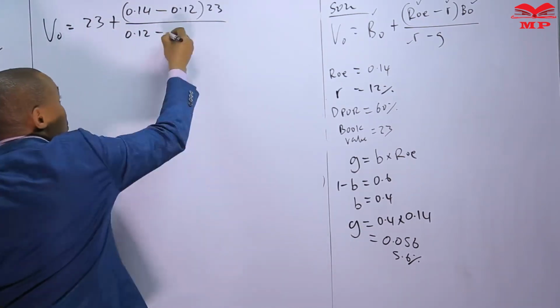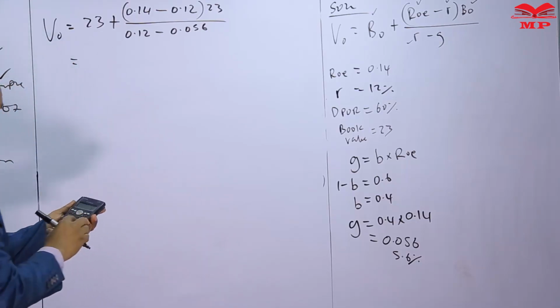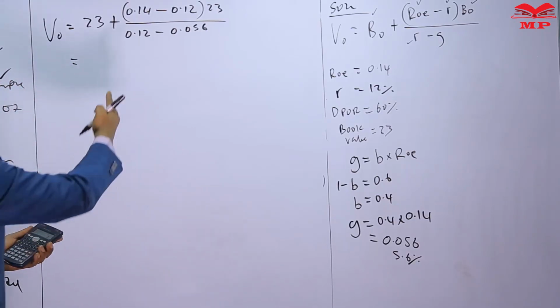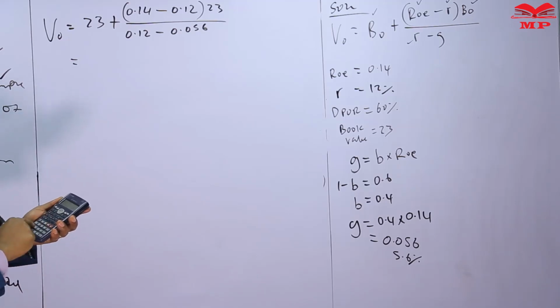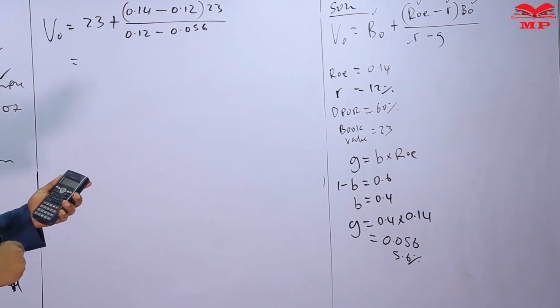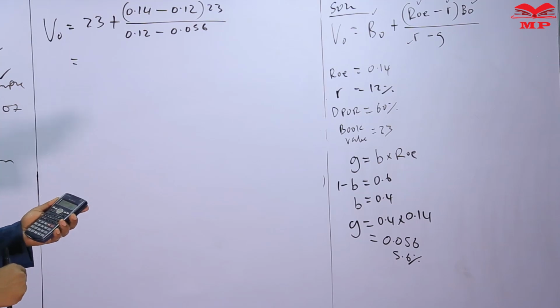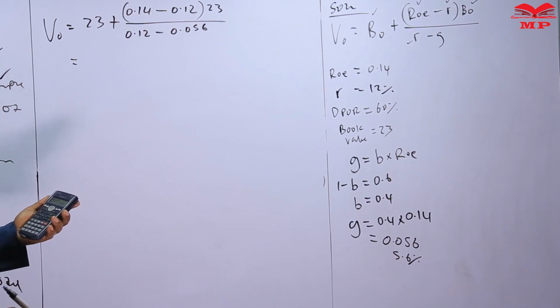First we work out the brackets: 0.14 minus 0.12 is 0.02. Then we multiply by 23 and we have 0.46.